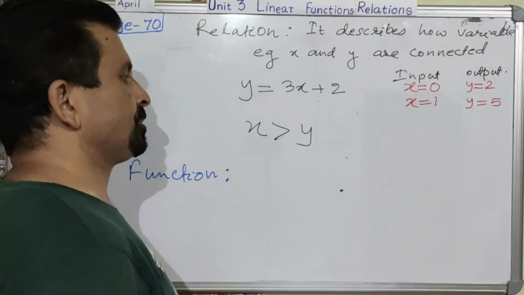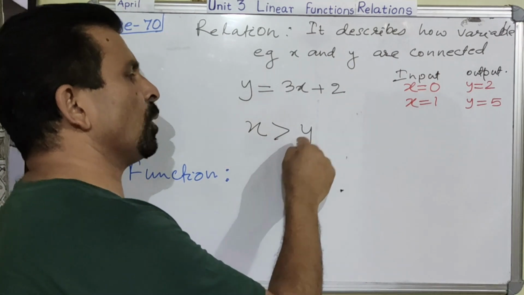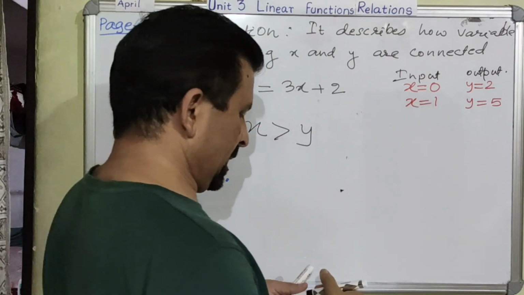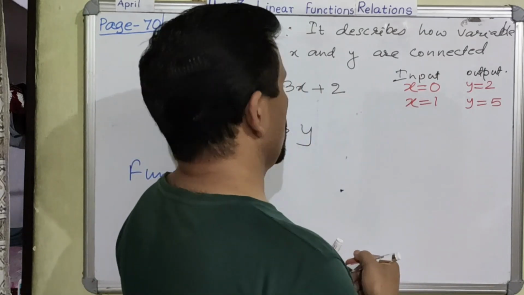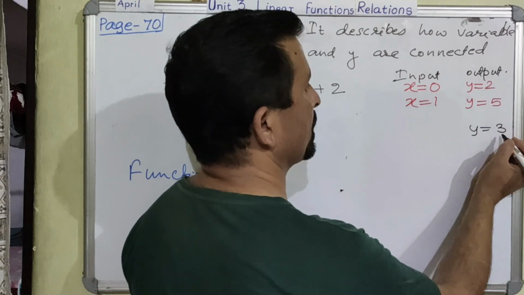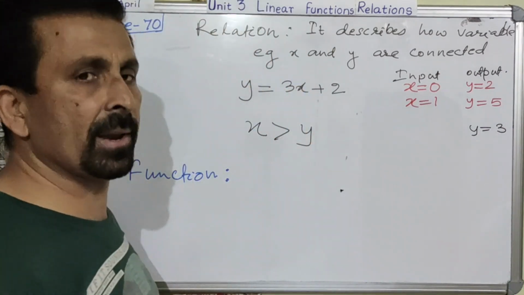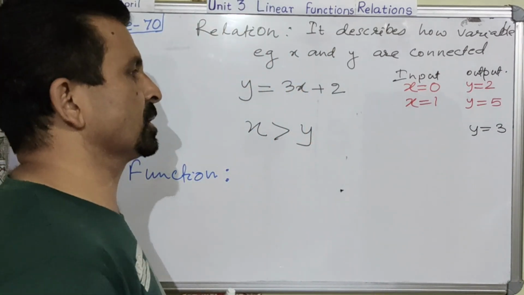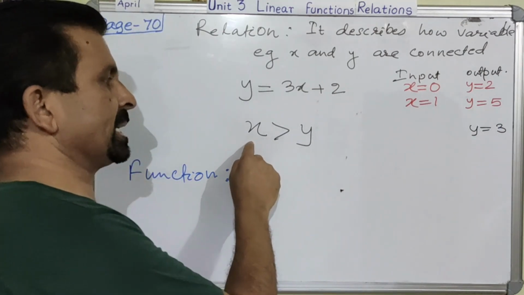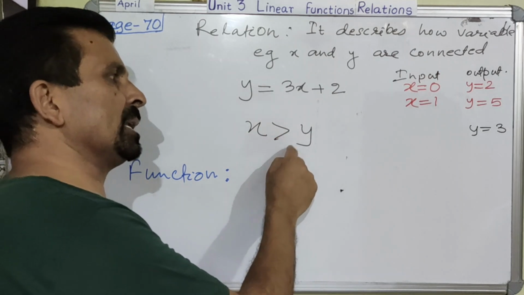Now let us come to this one. x is greater than y. That means if I say y is equal to, suppose, 3, because this is applicable to any value of x and y, no? So let us take a value of y is equal to 3. Now what it says, x is always greater than y.